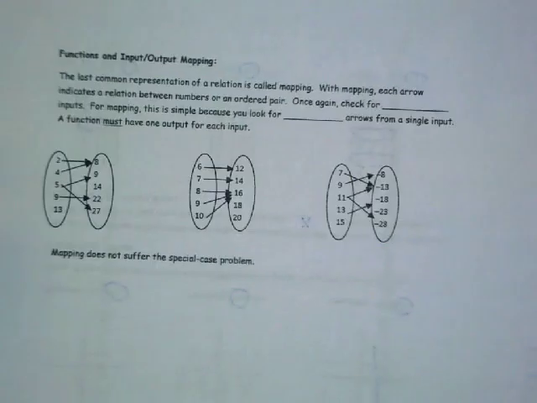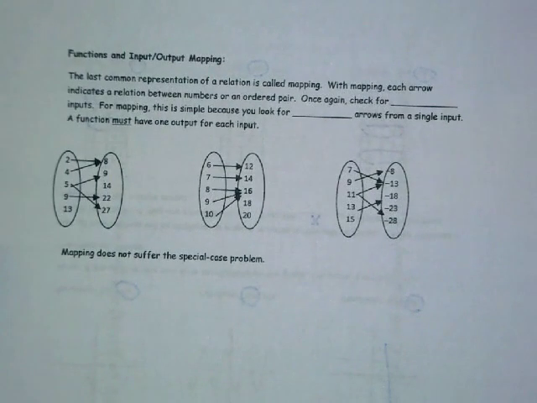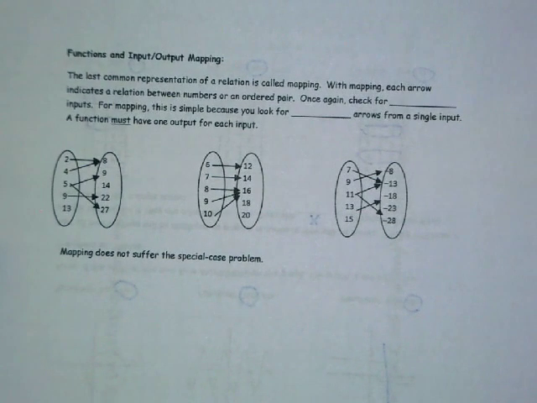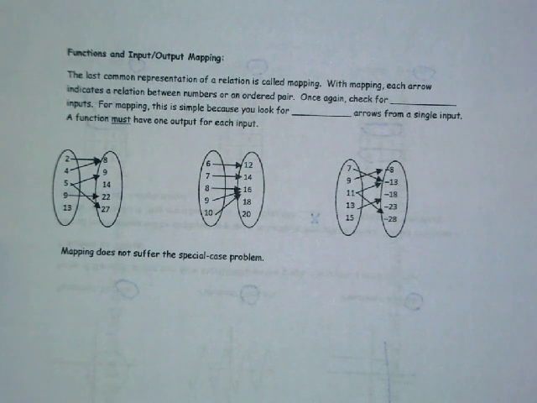All right, next. Next is a map. So the last common representation of relations is called a mapping. With mapping, each arrow indicates a relationship between numbers, or an ordered pair.